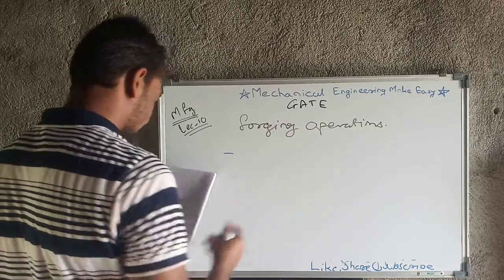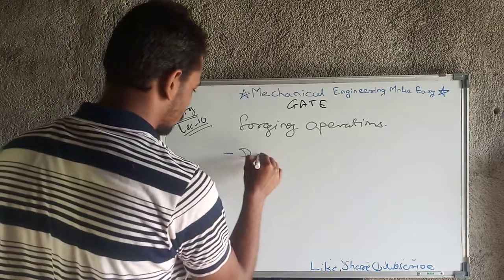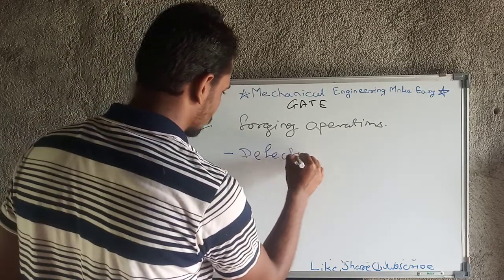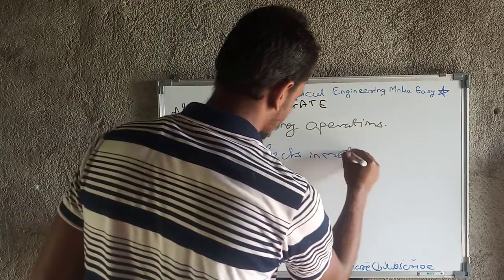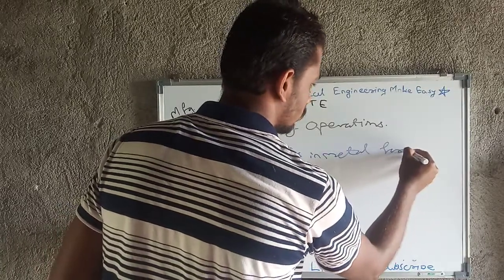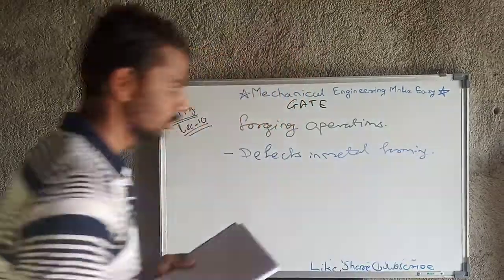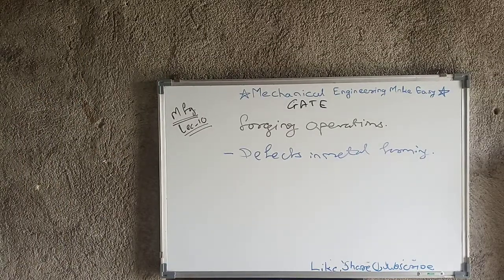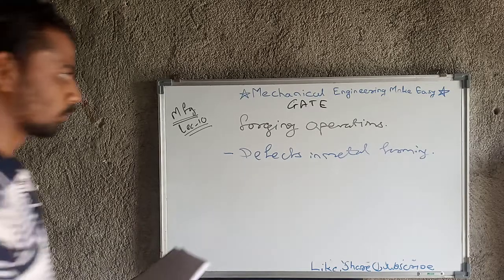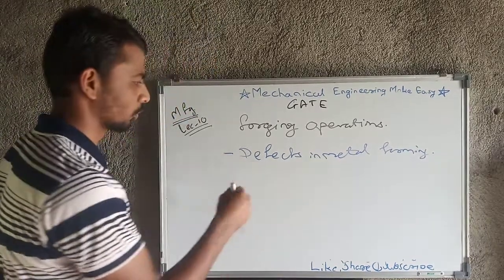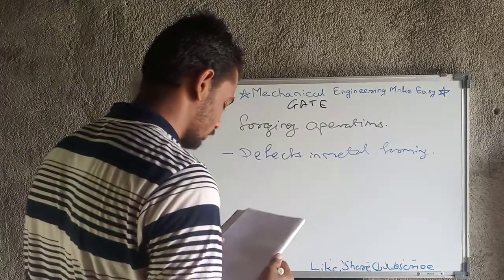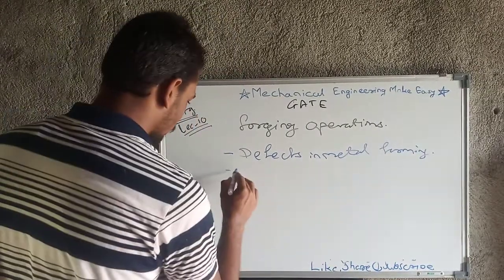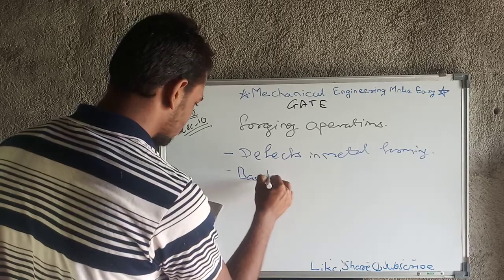Then defects in metal forming. Next topic is defects in metal forming. What are the defects that may occur while a metal forming process? Forging is one kind of metal forming process. First is bamboo defect.